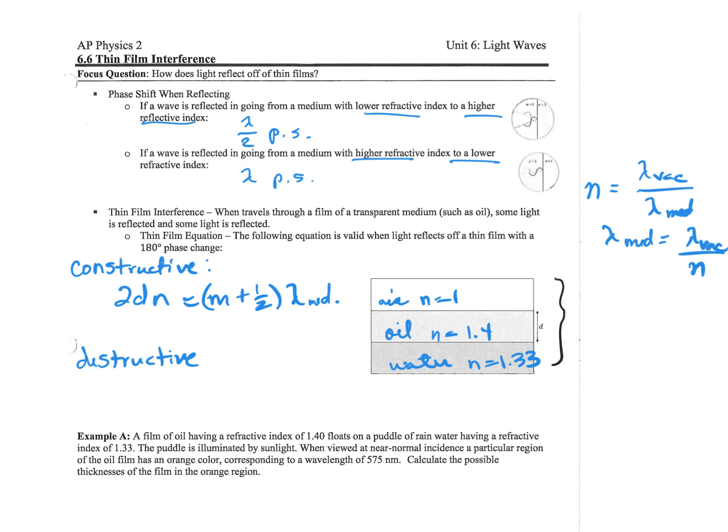Now destructive is going to be 2dn equals m lambda. The path difference is 2d. This comes from the fact that some of that light travels twice: it travels d down through the film and then back again. So 2d is the extra path before it bounces off and comes out.